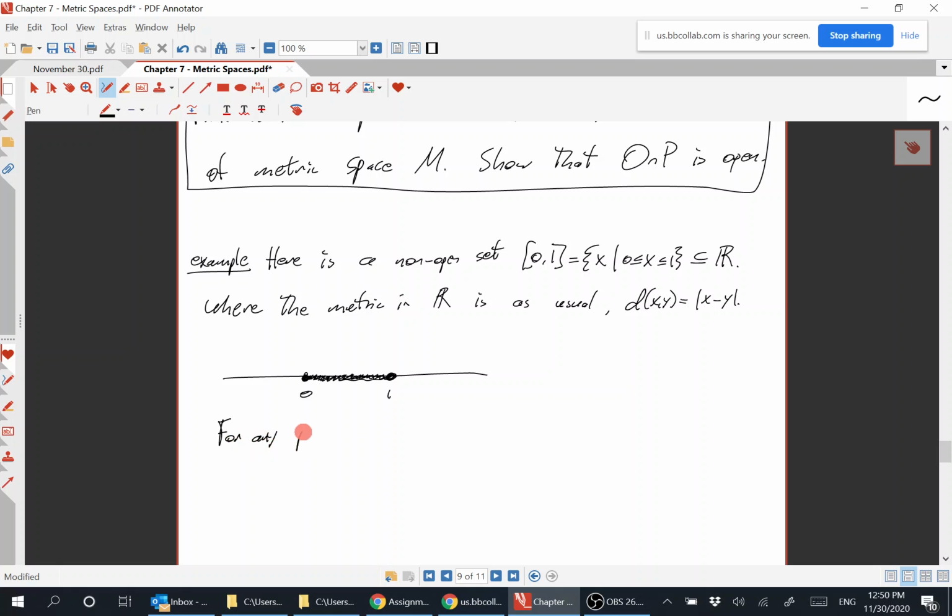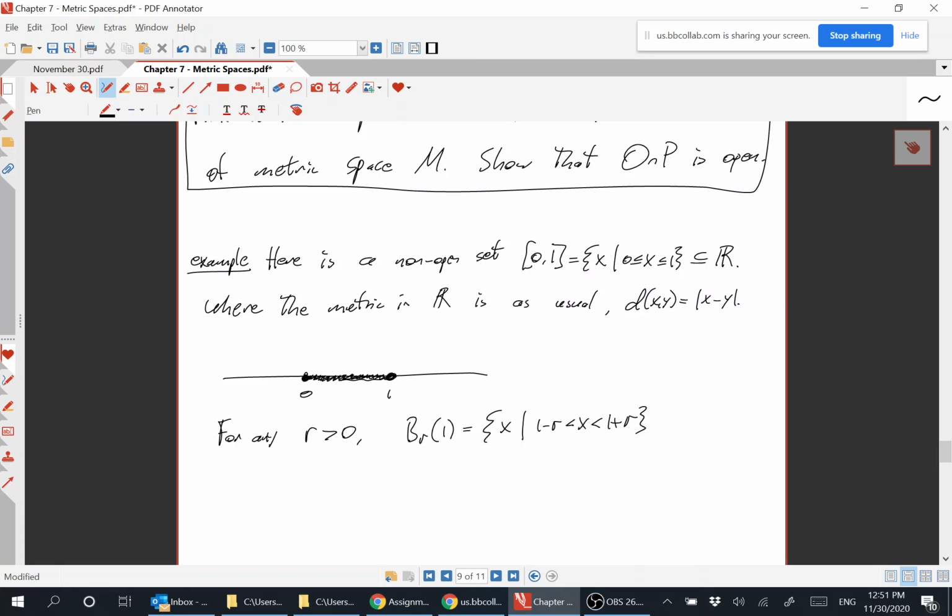So for any r bigger than 0, the ball of radius r around 1 is the set of all x such that 1 minus r is less than x is less than 1 plus r.